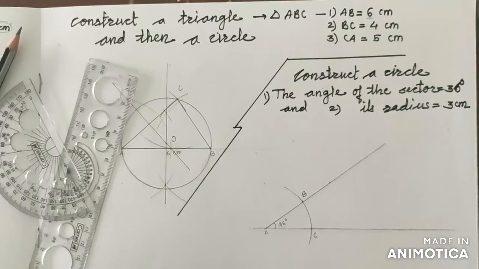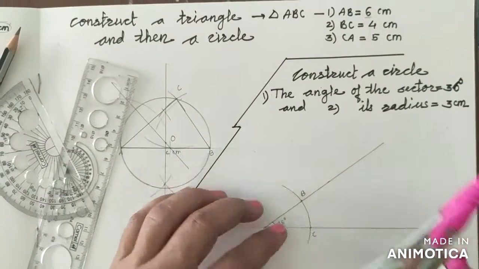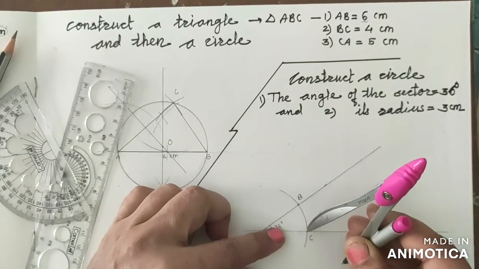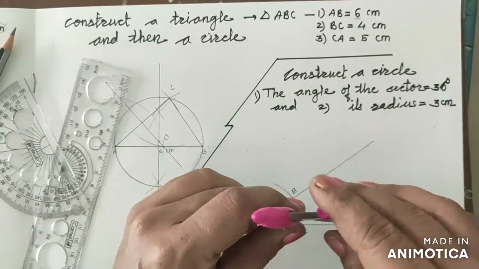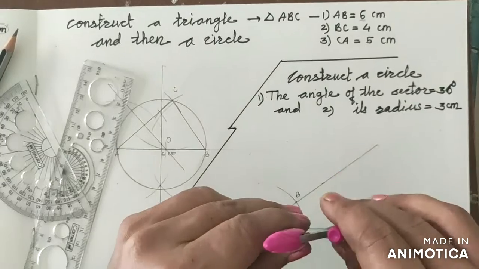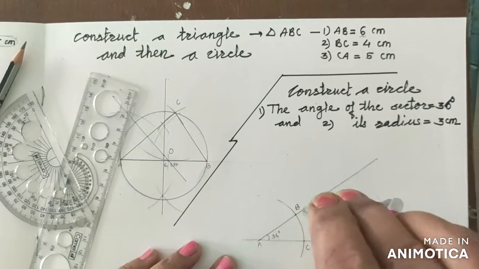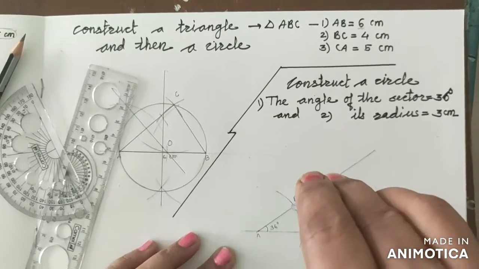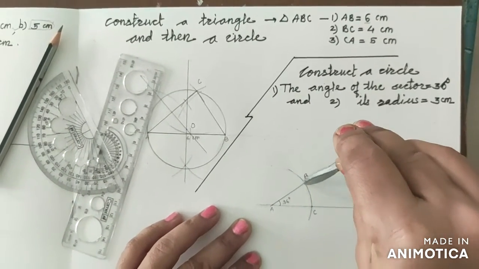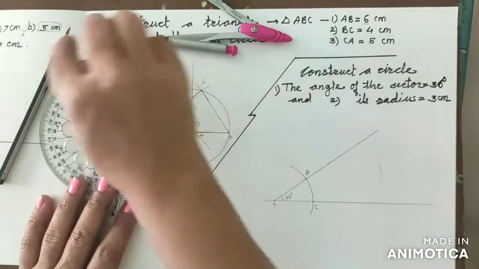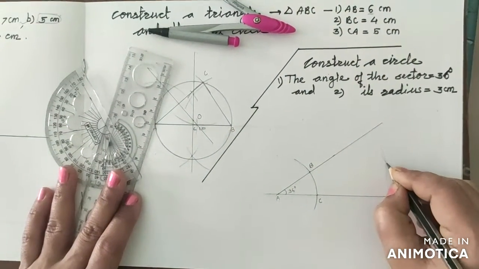So instead of drawing one new arc, let's use this old arc, and take some distance and using the points B and C, draw arcs crossing here.